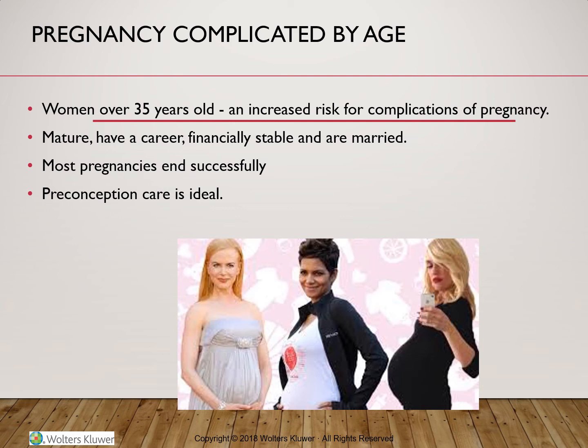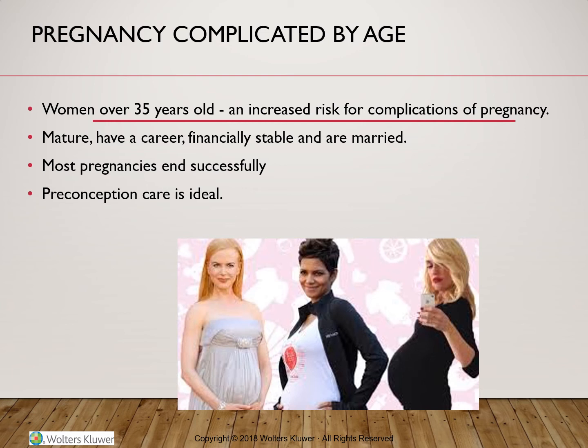It's essential to have preconception visits and ensure that they are aware of all their physiological needs, and that all their chronic medical conditions are well balanced before they conceive.